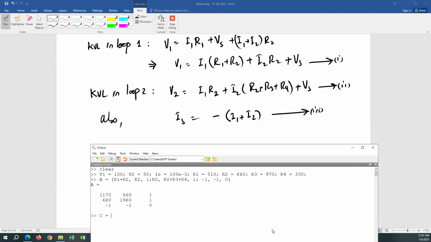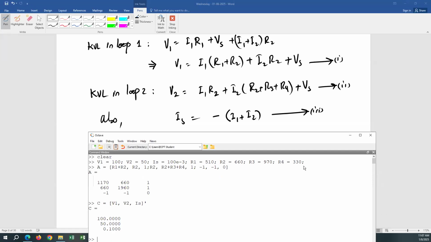And my constant vector is going to be, from the first one V1, from the second one V2, and from the third one Is: 100, 50, and 0.1. So let's go ahead and solve for my unknown.